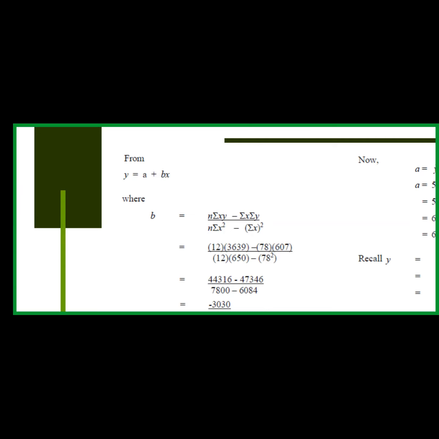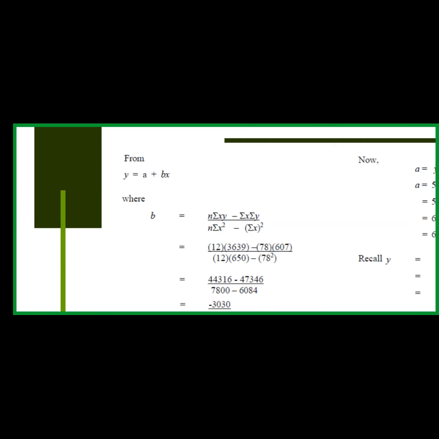Give me the numerator first. What did you get for the numerator? 7,584.